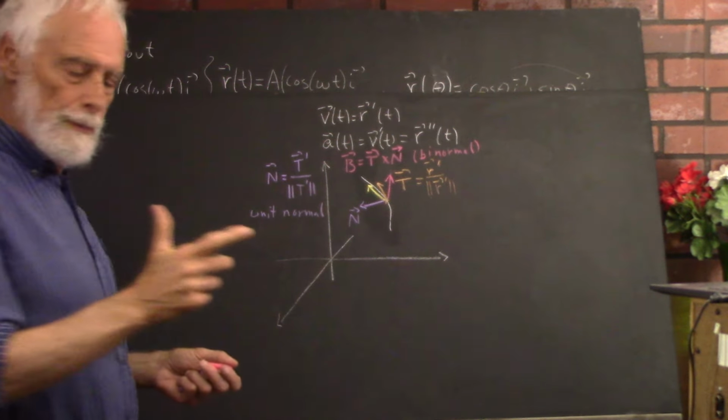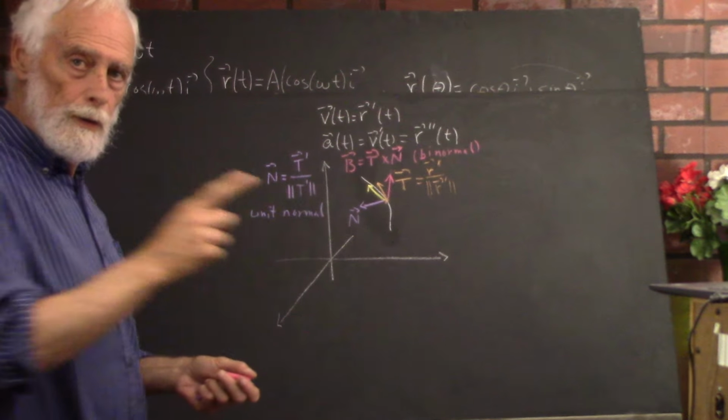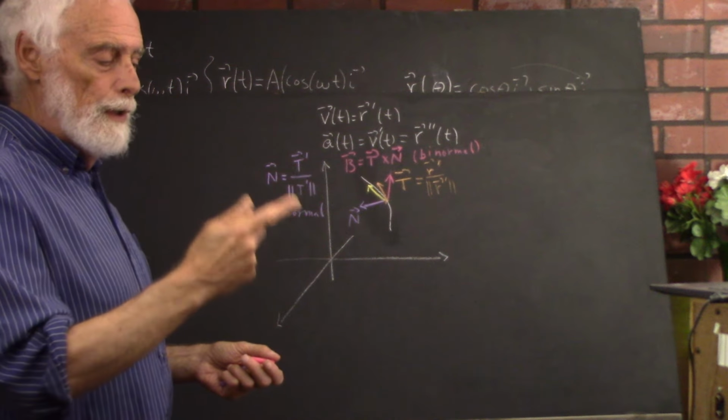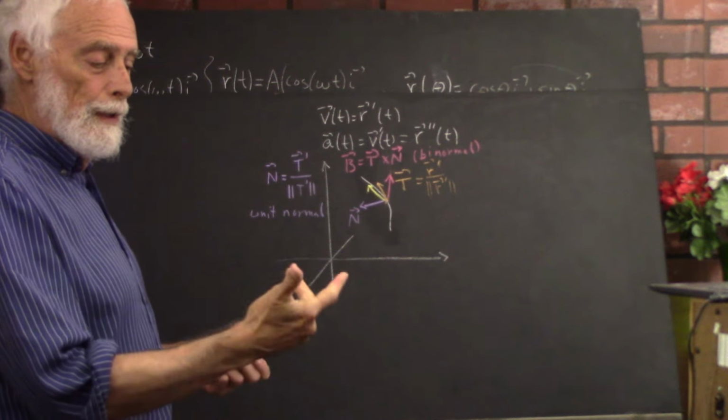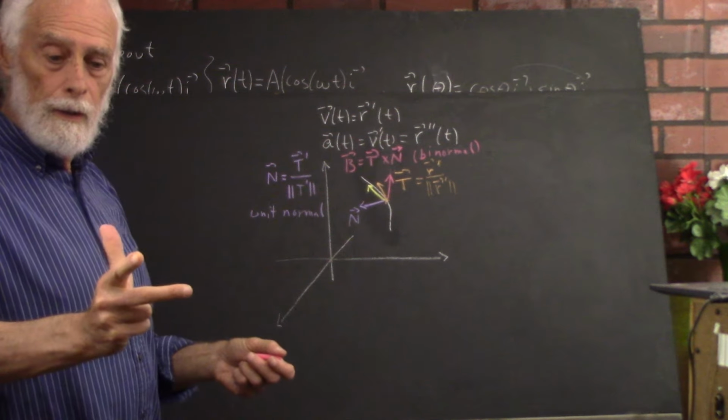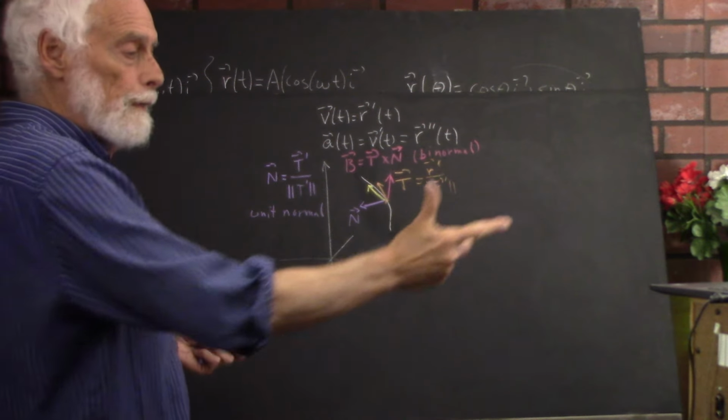So you can imagine you've got your unit tangent vector, your normal vector and your binormal. There they are. And you're going along this curve.